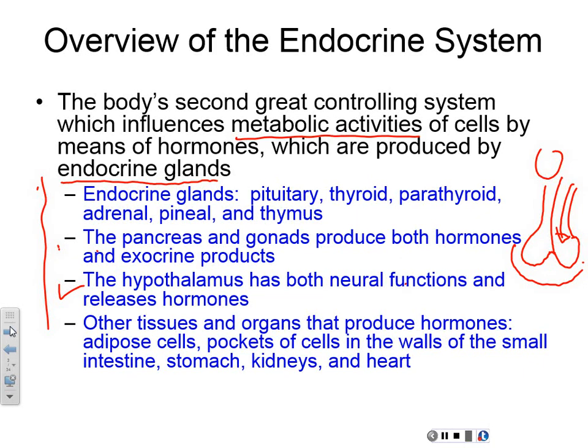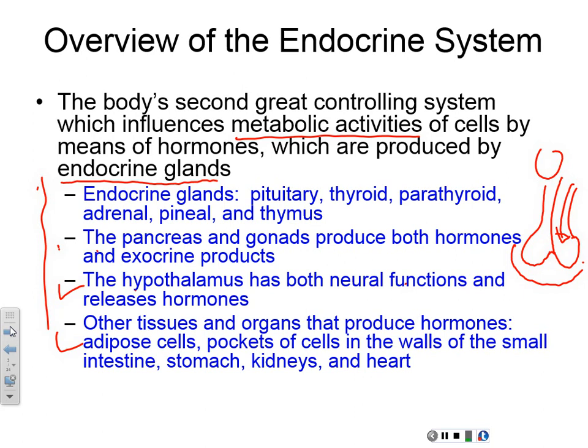All right. So it will generate eating behavior if you have low blood glucose and so forth, and then it will release those hormones. Okay, so other tissues and organs as well will control, like fats that release hormones. The fat cells, adipocytes, release some hormones. Okay, that are also involved in metabolism and mobilizing body nutrients as well.